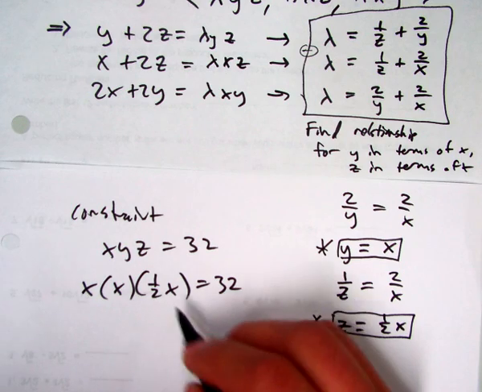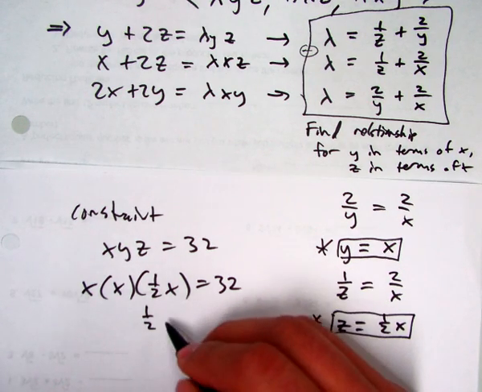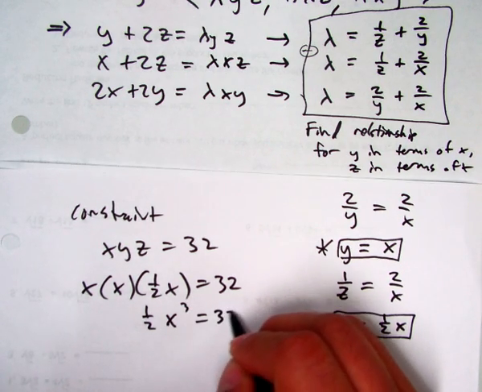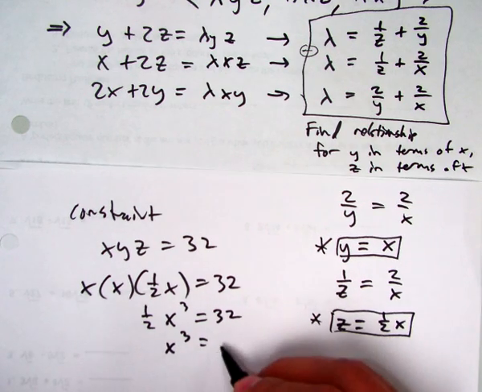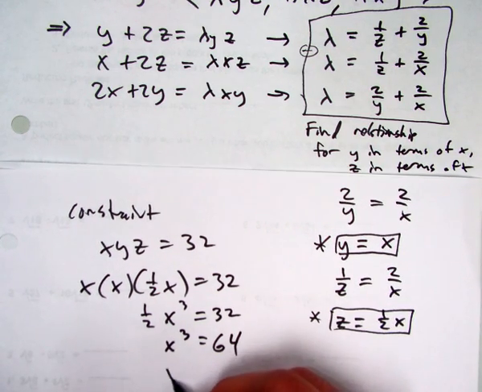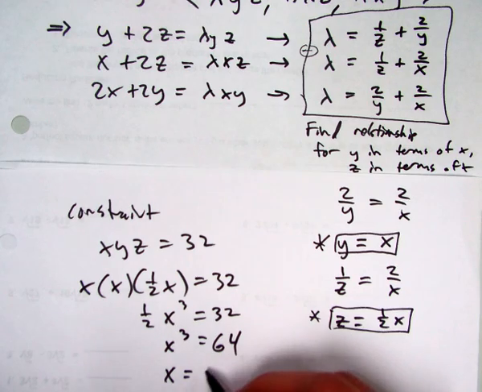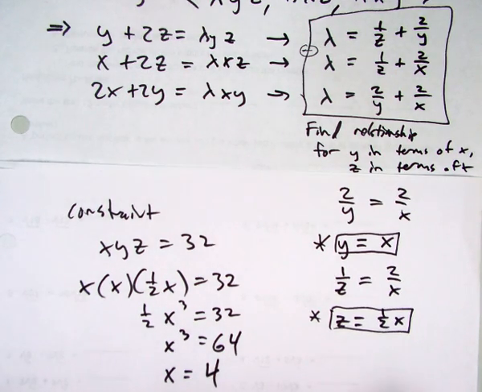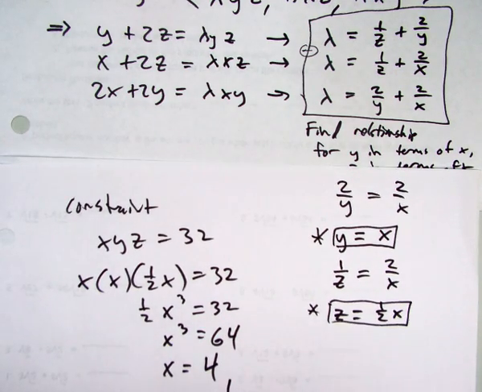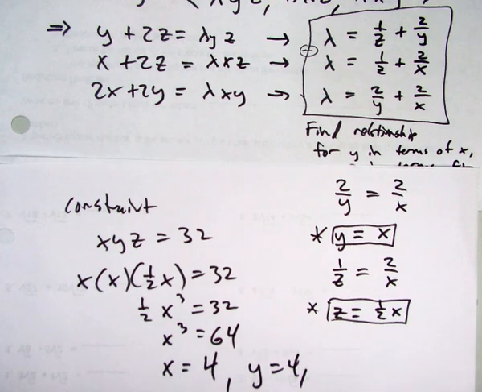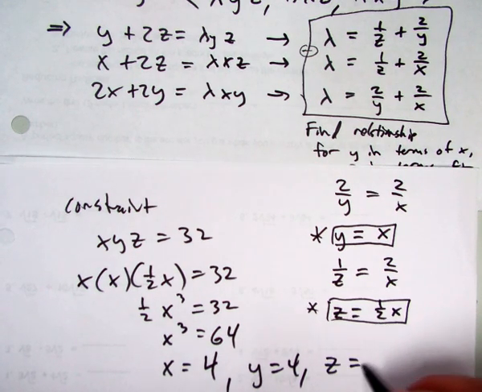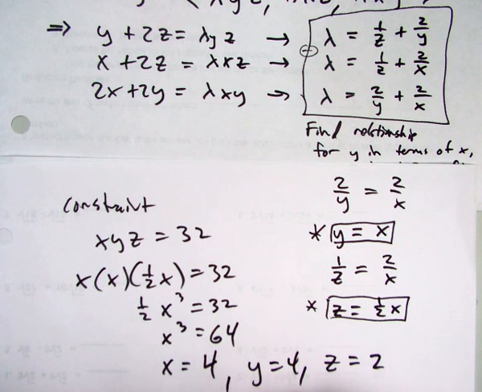This is now going to be 1/2 x cubed equals 32, so x cubed is 64, so x has to be 4. If x is 4, y is 4. If x is 4, z is 2, and these are the same dimensions we got yesterday, right?